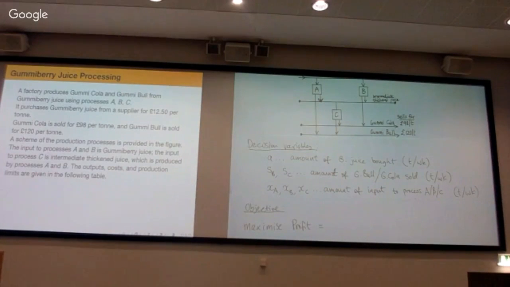So in this case, what you earn is the money from cola and bull sold. So the revenue is going to be 120 times how much bull you sell plus 98 times how much cola you sell.